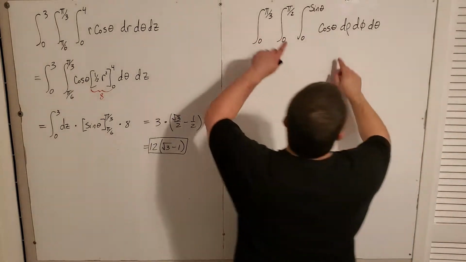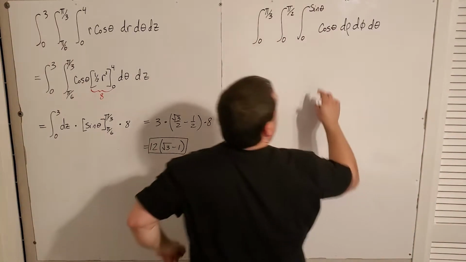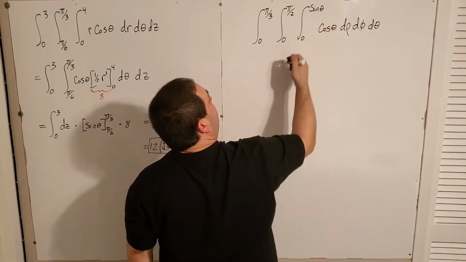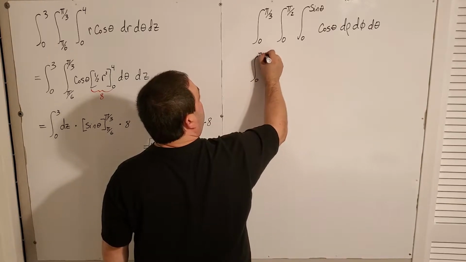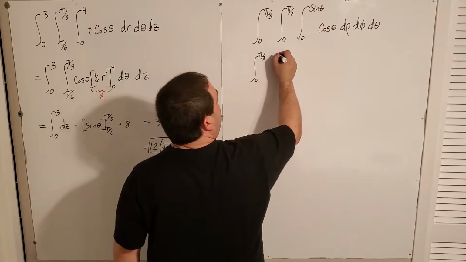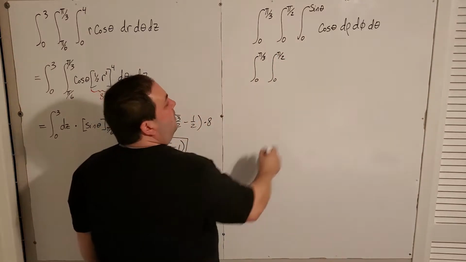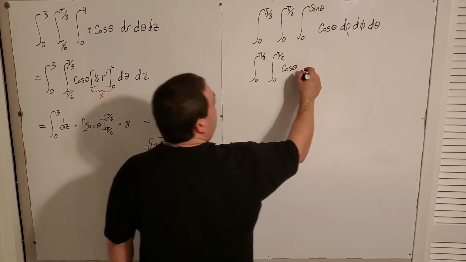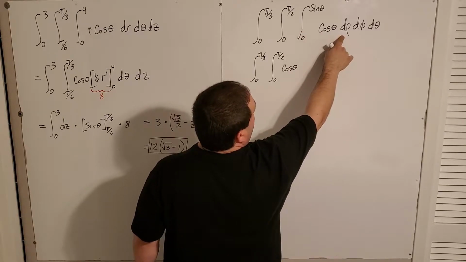So I'm doing d rho first, right? Cosine theta has no dependence on that, so I'll just be pulling that forward. Right, that's still there. Cosine theta. And then the antiderivative of d rho is all I've got there, right?